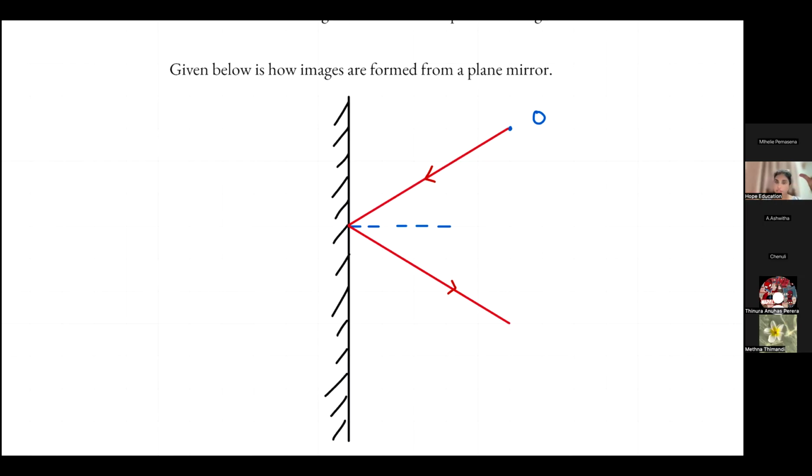So it will be reflected like this. If this is the angle of incidence, this is the angle of reflection, they should be equal, as we know. Whenever a light ray is sent at an angle, it will be reflected such that the angle of incidence equals the angle of reflection. So this is one of the light rays. Then let's see how images are formed from the object. If I want to see how images are formed from a plane mirror, I have to use at least two light rays. Now here I have shown how one light ray is reflected. I'm going to show another light ray.